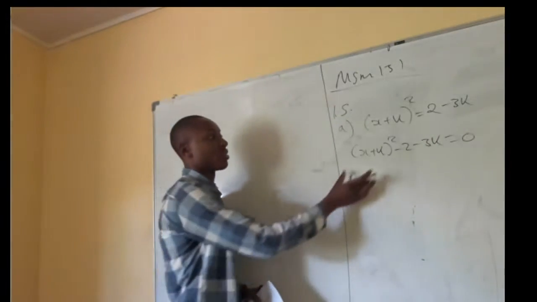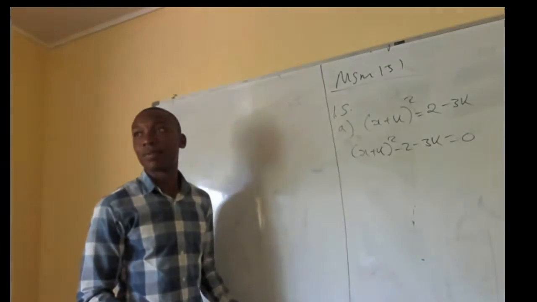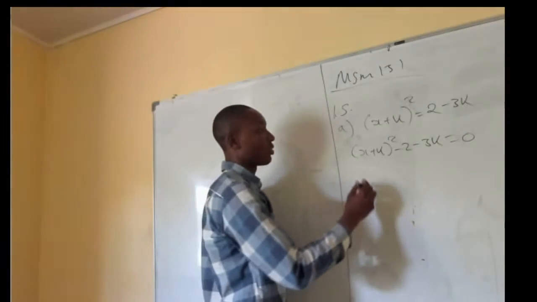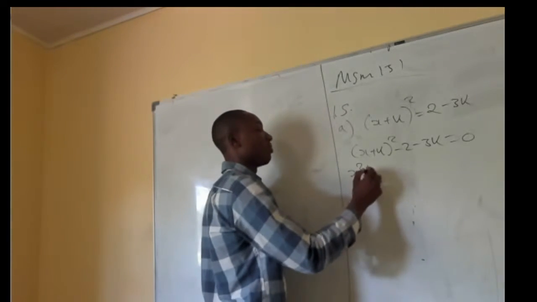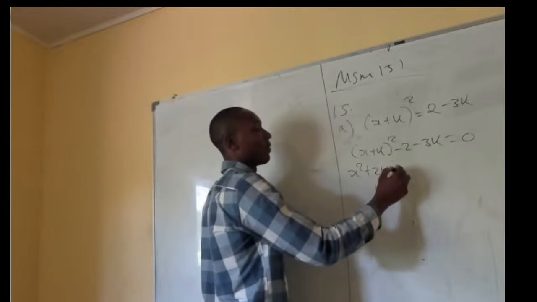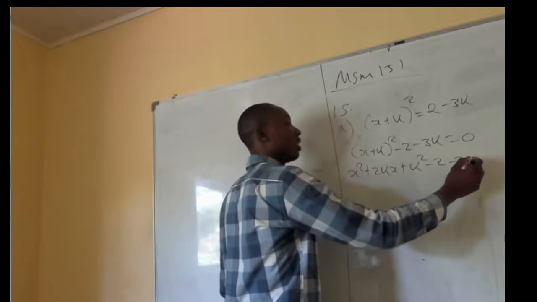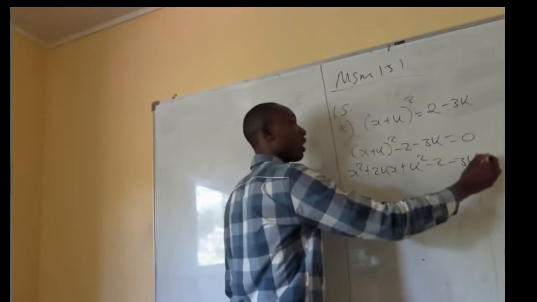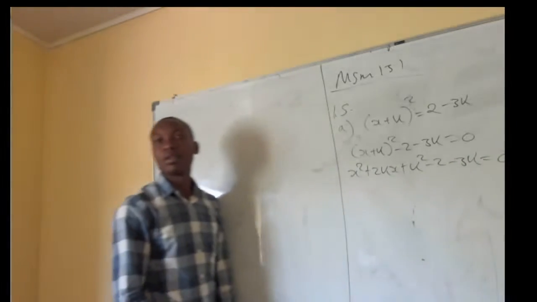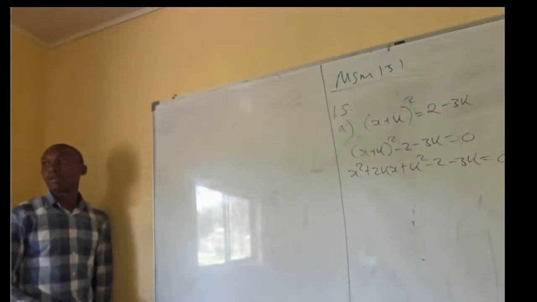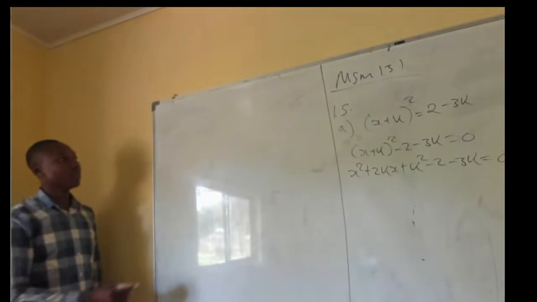Then I'm going to expand so that it's in standard form. Expanding this, we have x squared plus 2kx plus k squared minus 2 minus 3k is equal to 0. Upon expansion, that is what we get.